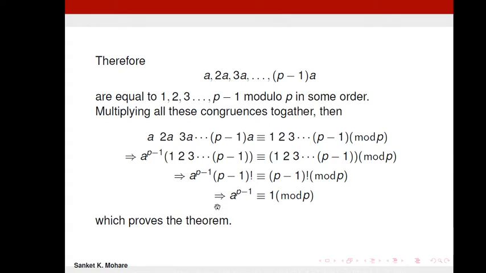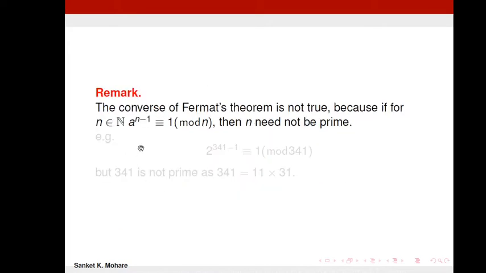The converse of Fermat's theorem is not true. Let's have an example. The converse is not true because if for some n belonging to the set of natural numbers, a to the power n minus 1 is congruent to 1 modulo n, then n need not be a prime. Here they have given the example 2 to the power 341 minus 1.